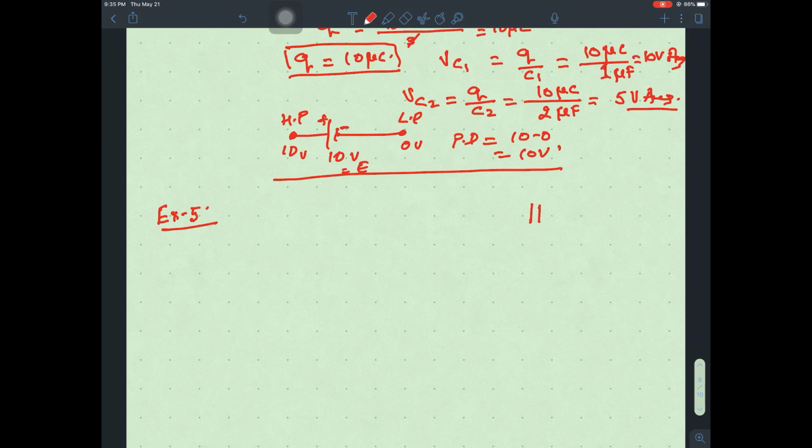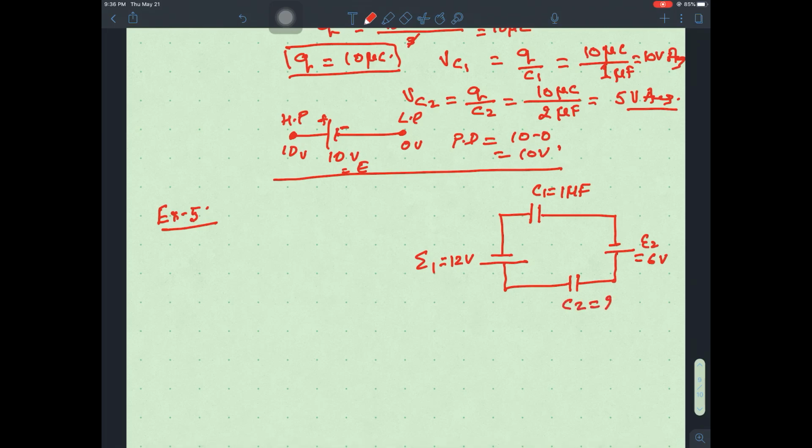Here is the capacitor and here is the battery. Here is another capacitor and here is again a battery. There are two batteries. This battery EMF E1 is 12 volt, this battery E2 is 6 volt, and the capacitance C1 is equal to 1 microfarad and C2 is equal to 2 microfarad.